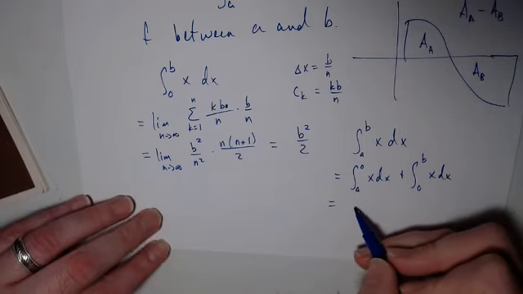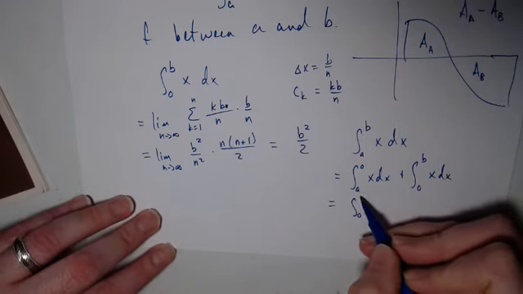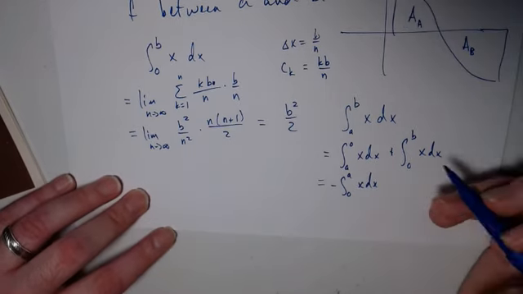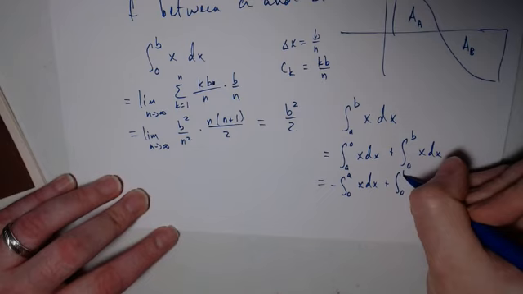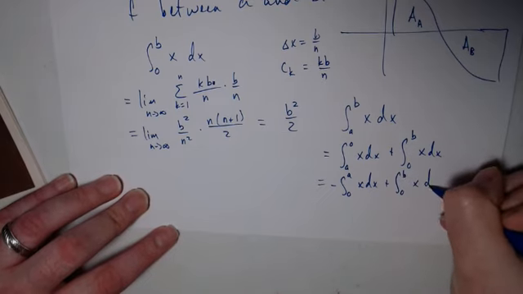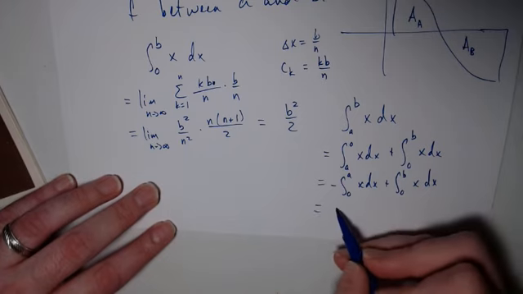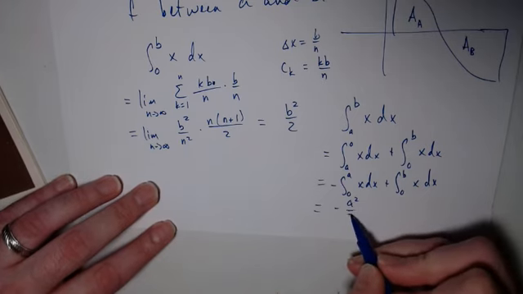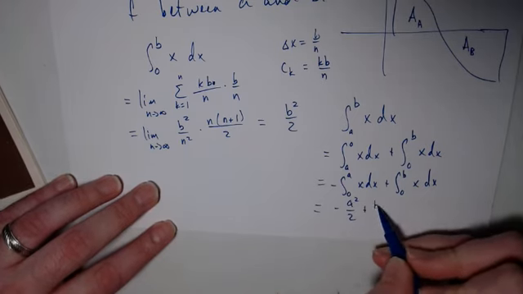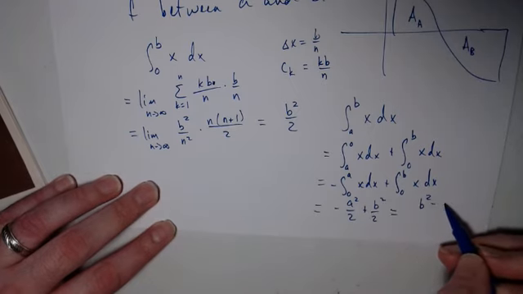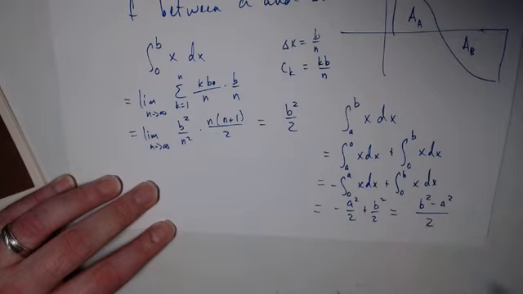And this is the integral from 0 up to a of x dx, but I've got to make it negative, plus the integral from 0 to b of x dx. This is negative a squared over 2 plus b squared over 2, or we can just write this as b squared minus a squared over 2.